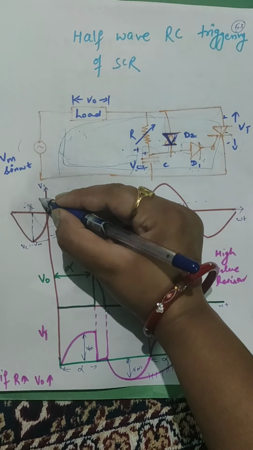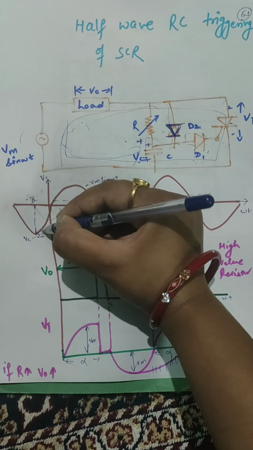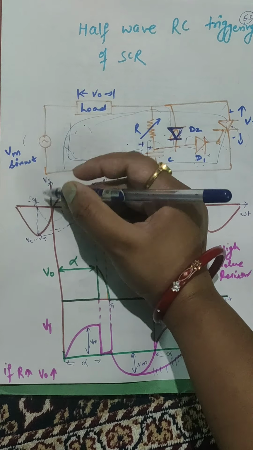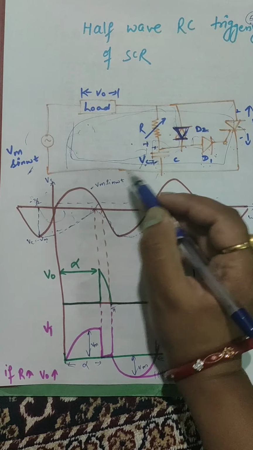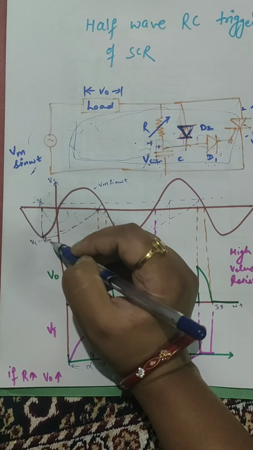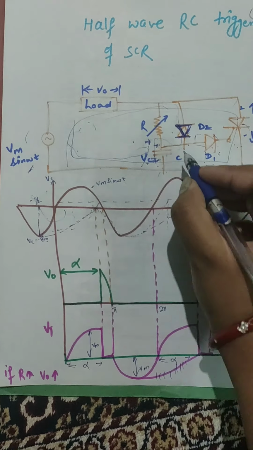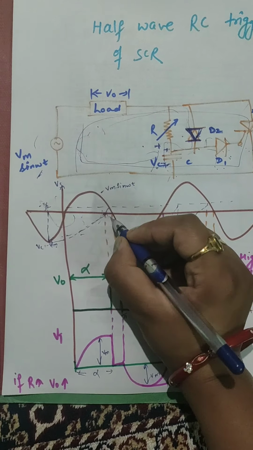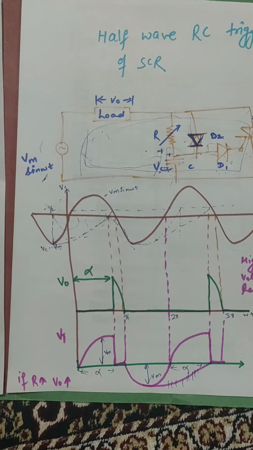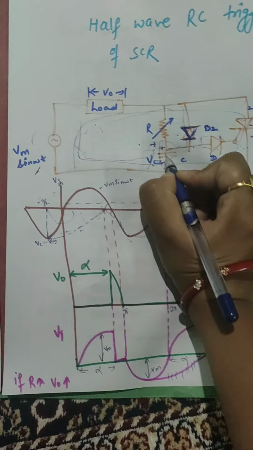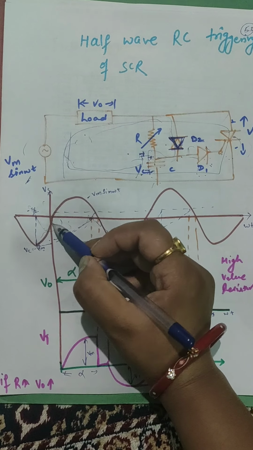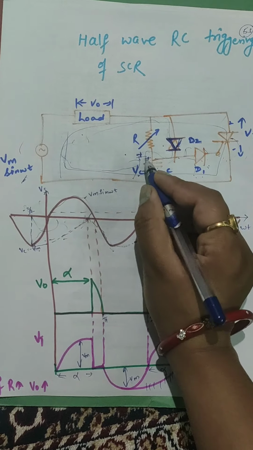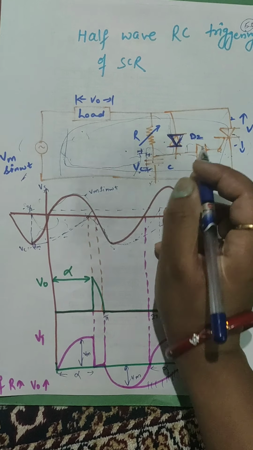In a negative half cycle, VC goes to the maximum of minus Vm. Then it starts to discharge through D2. When it discharges fully, it starts charging in the forward direction.